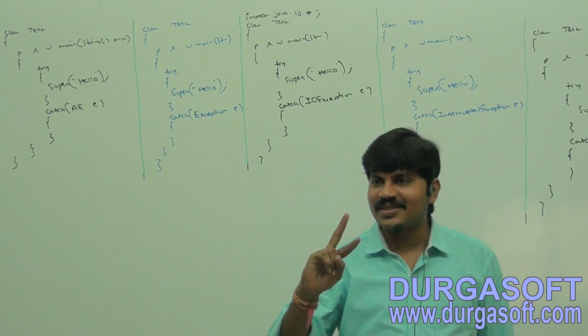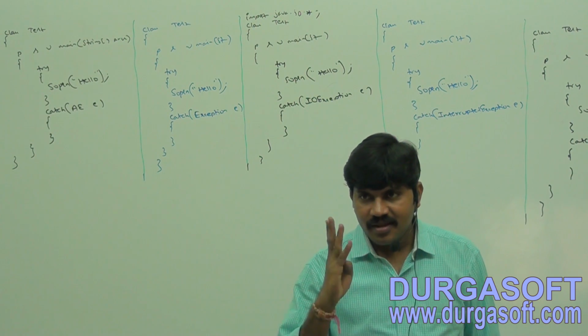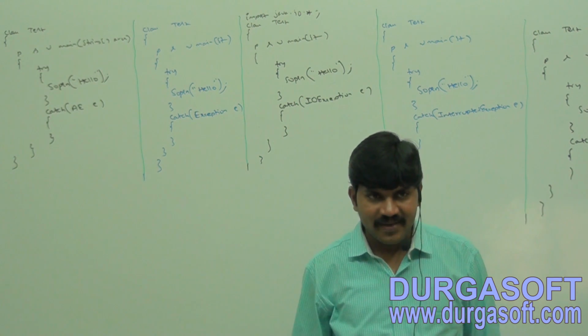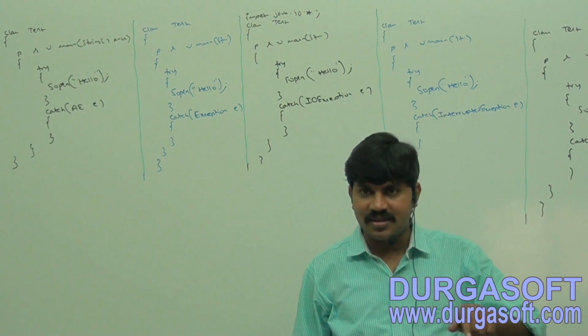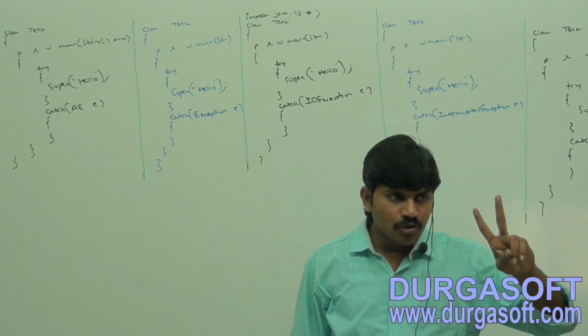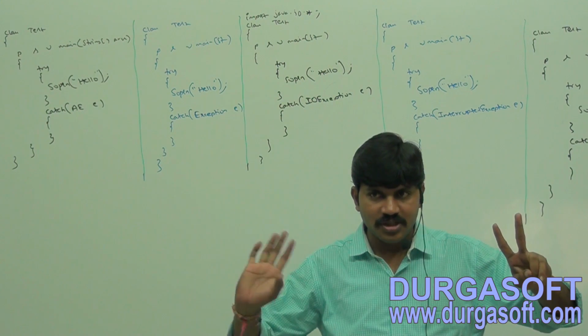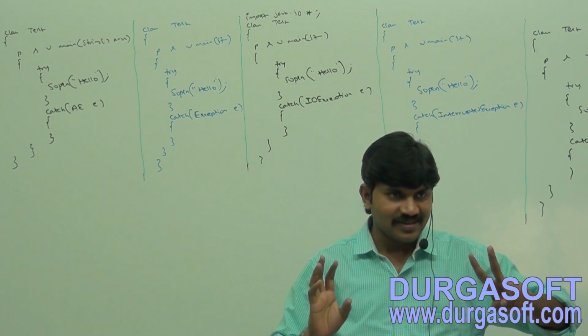In two cases the code won't compile, in three cases the code compiles fine. I am just checking whether you know the answer or not. In two cases my answer won't be changed now, it's a fixed final answer.